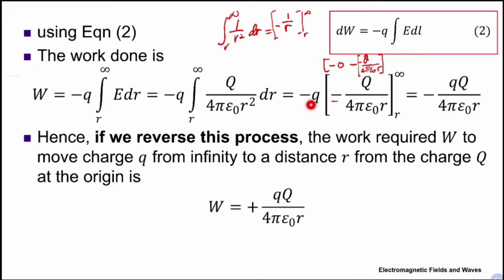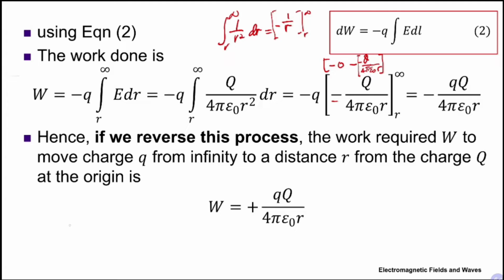And this becomes positive, we got a minus sign here, so therefore we have minus small letter q times big letter Q, which is the charge at the origin, over 4 pi epsilon naught R. And that will be the work done to move the charge from R to infinity.